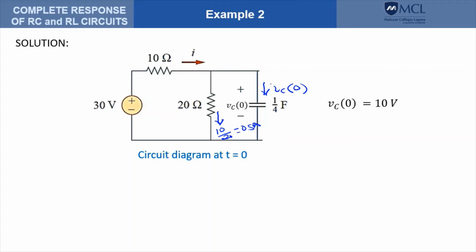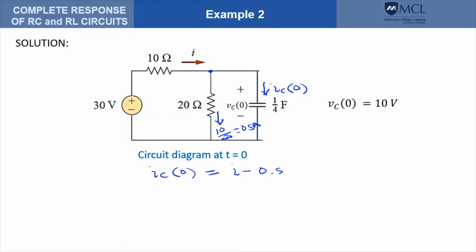To get I sub C0, the current through the capacitor at t equals 0, I can apply KCL here, which means that I sub C at t equals 0 must be equal to I minus 0.5.